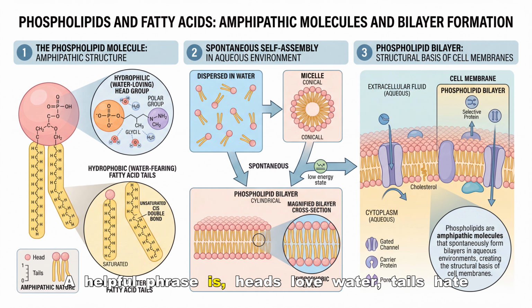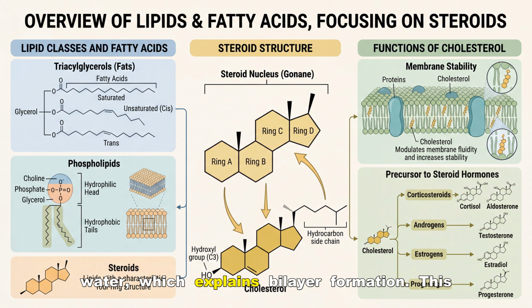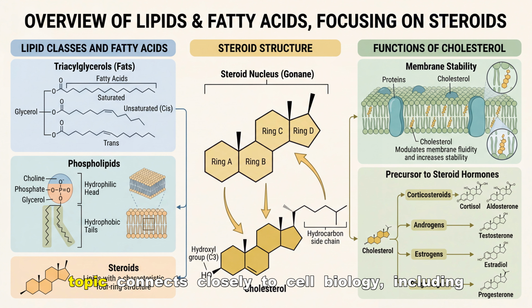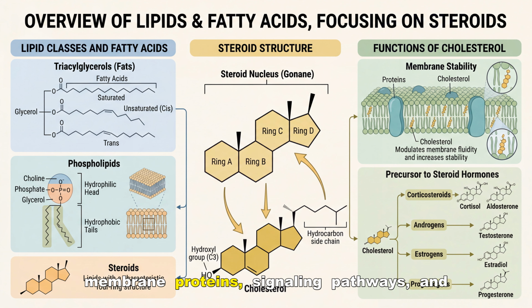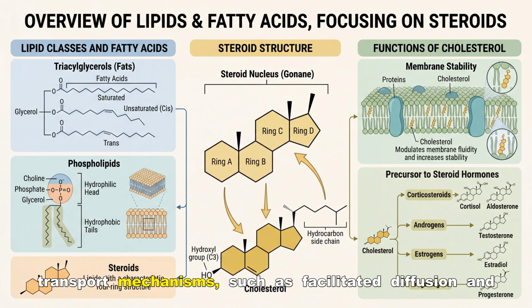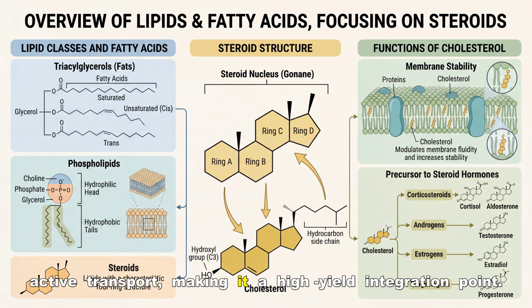A helpful phrase is, "Heads love water, tails hate water," which explains bilayer formation. This topic connects closely to cell biology, including membrane proteins, signaling pathways, and transport mechanisms such as facilitated diffusion and active transport, making it a high-yield integration point.